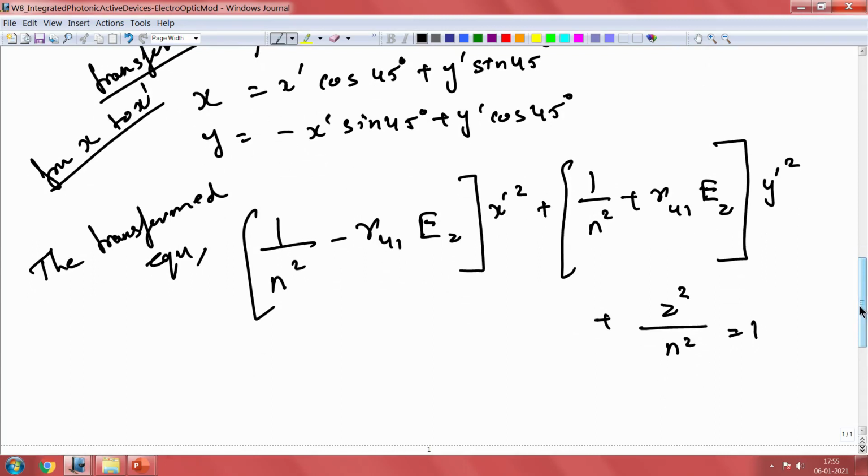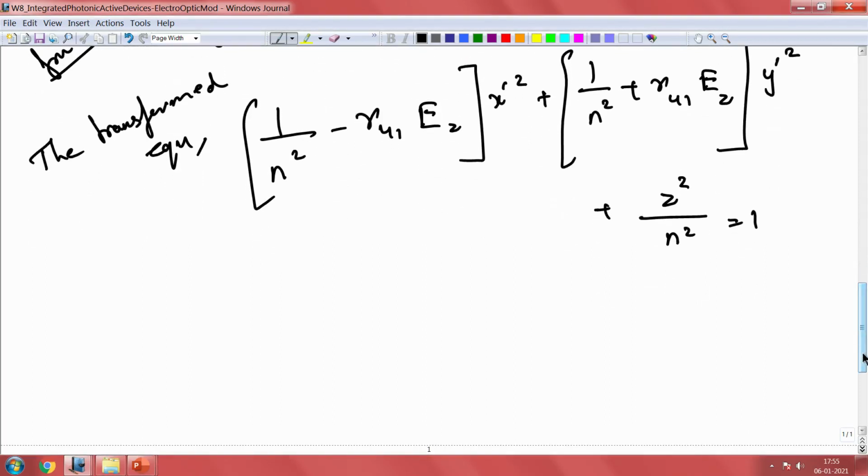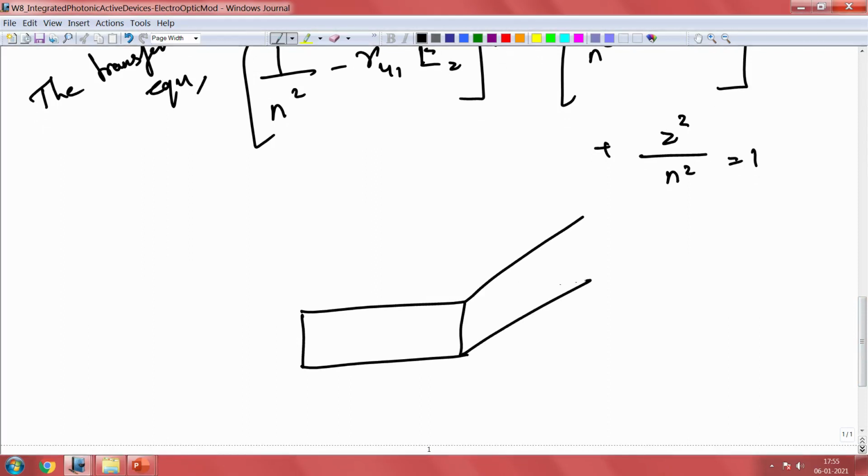So, from this one, we should be able to write what our refractive index change is here. Okay. So, let us draw the waveguide again that we had. So, this was x and this was z and this was y, right. So, our electric field again is along this direction.